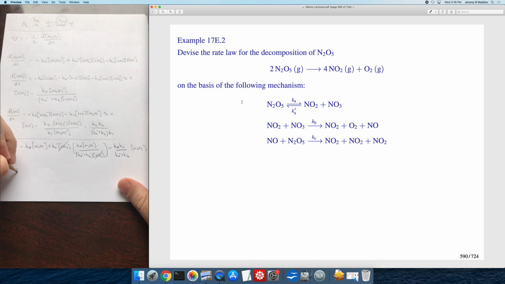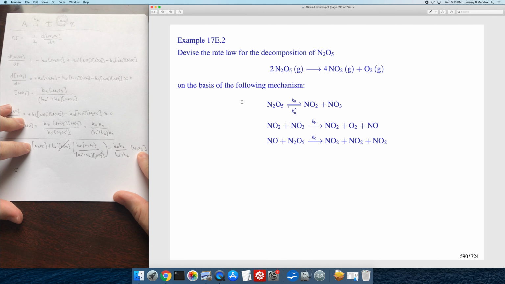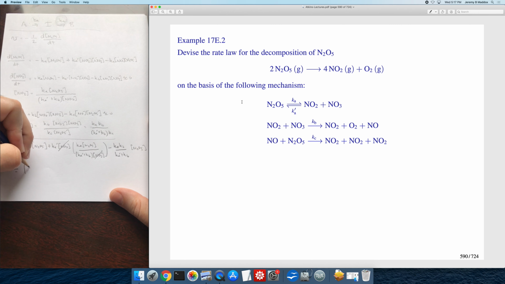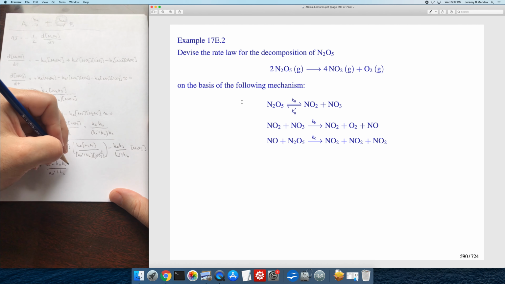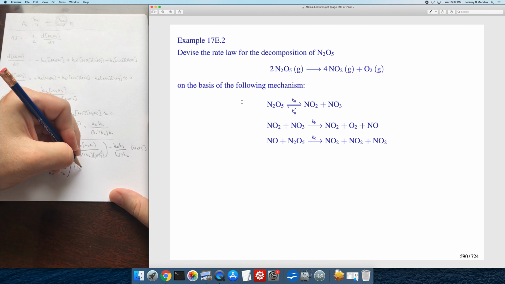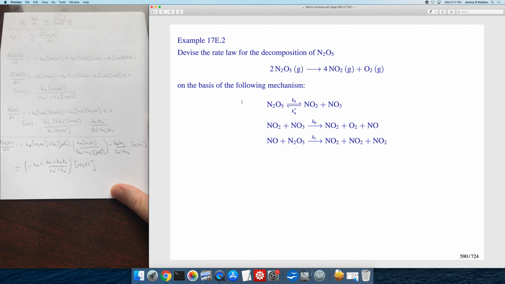Now what we can do is factor out the N2O5, and so we'll be left with minus Ka plus Ka minus Ka Kb over Ka prime plus Kb, all times the N2O5 concentration.